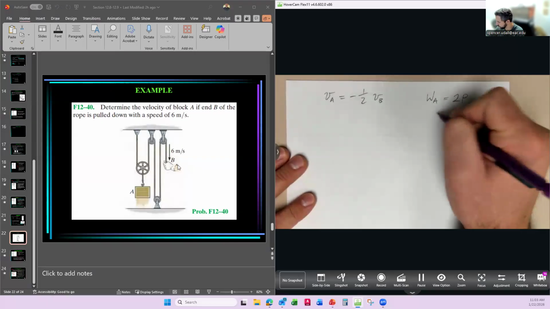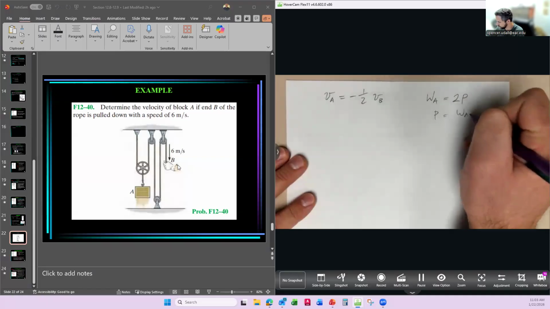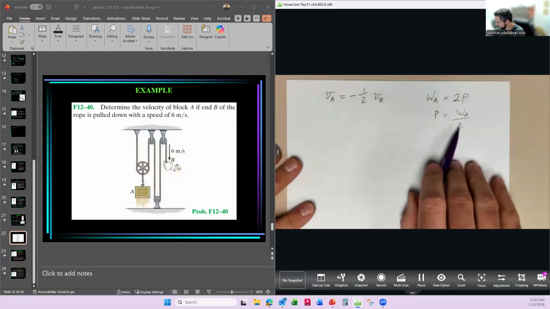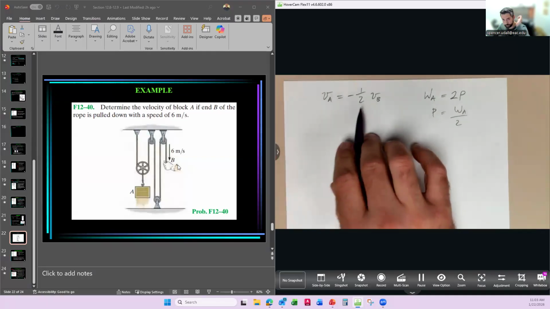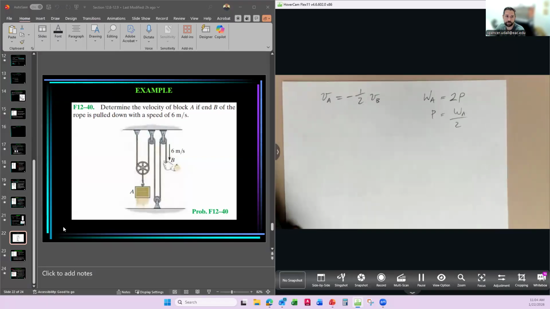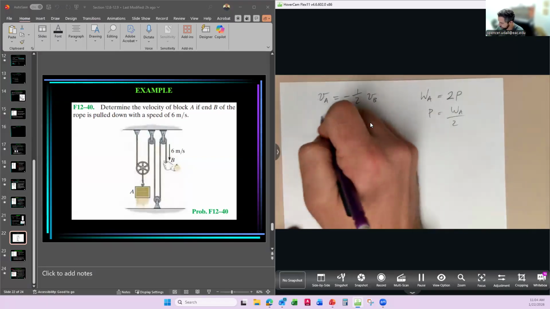Or P equals half of the weight of A. So that same relationship between A and B is all that we had to come up with. Point A moves twice as slow as point B, and it moves in the opposite direction. So that is it for that one.